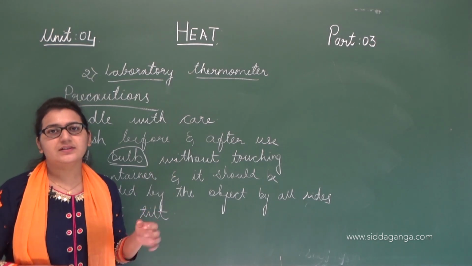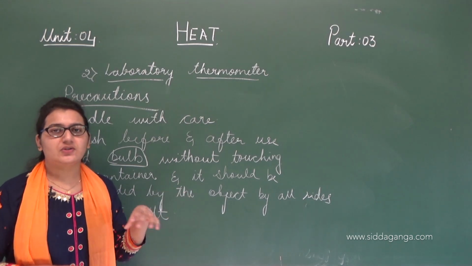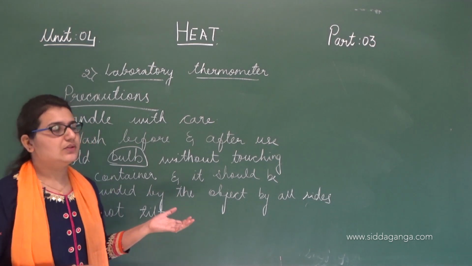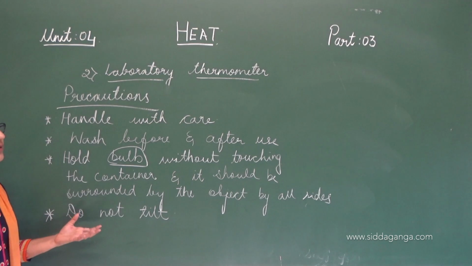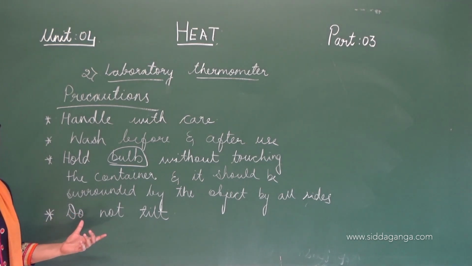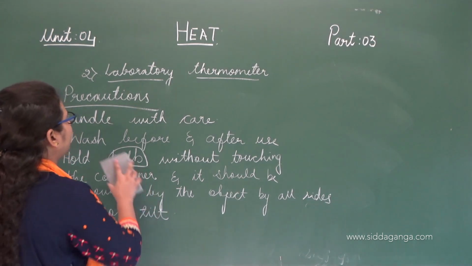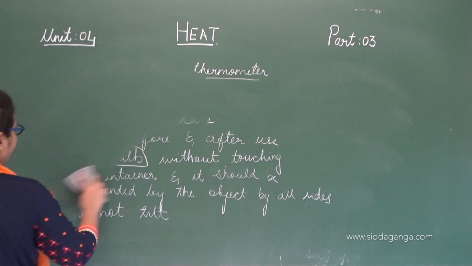To prevent this, it has to be kept upright and should not be tilted like we did with the clinical thermometer. So these are the precautions to be followed while using the laboratory thermometer. Clear? So this is about both the clinical and laboratory thermometer.